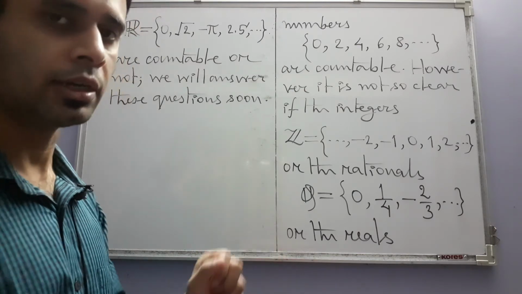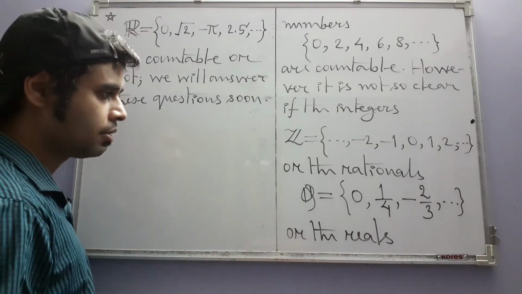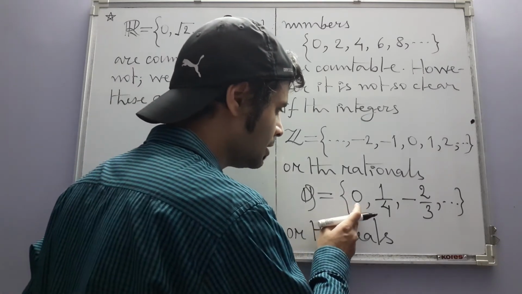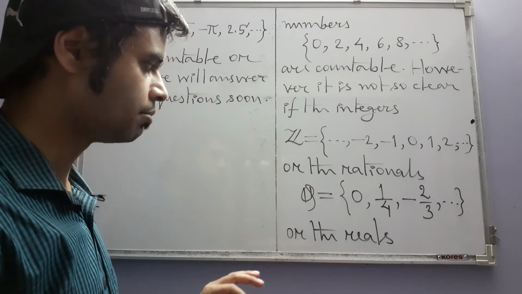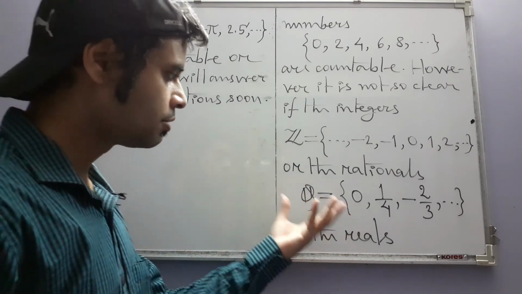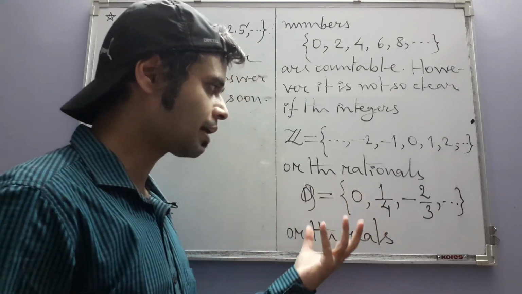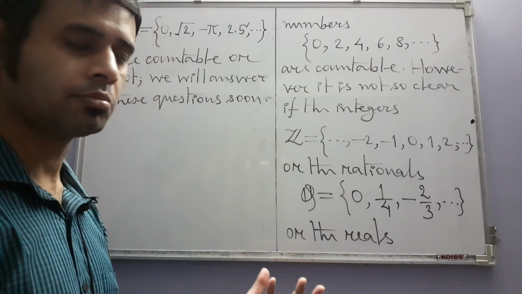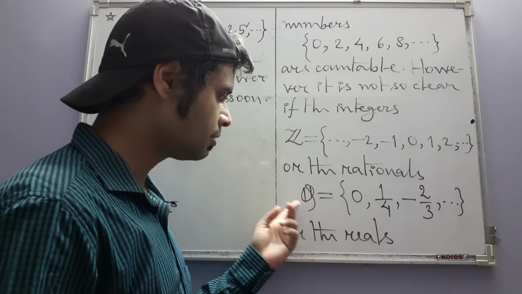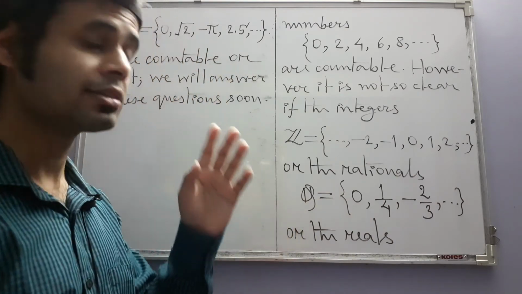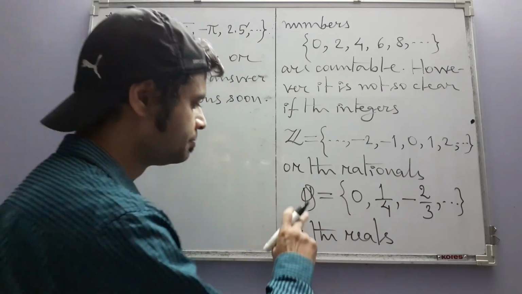It's not as straightforward. And here the situation becomes even more complex when we think of the rational numbers. Now, this way of writing the set is actually a desperate attempt by someone to list the elements in the set of all rational numbers.